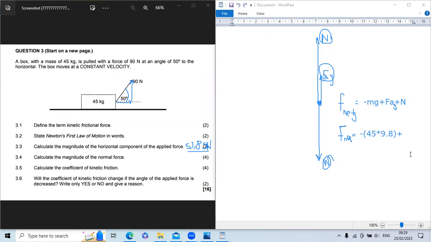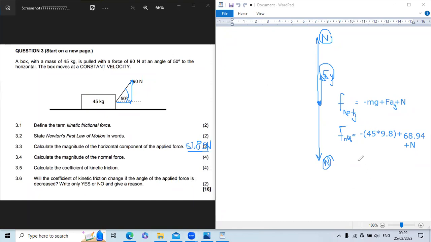Okay, so I'm just going to write 68.94 plus our normal force. So you can see we have this, and then what we also know is that our F net is equal to 0.